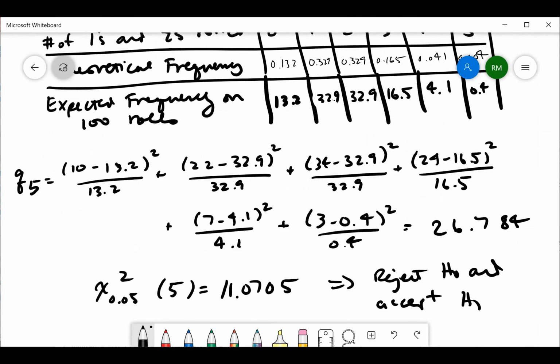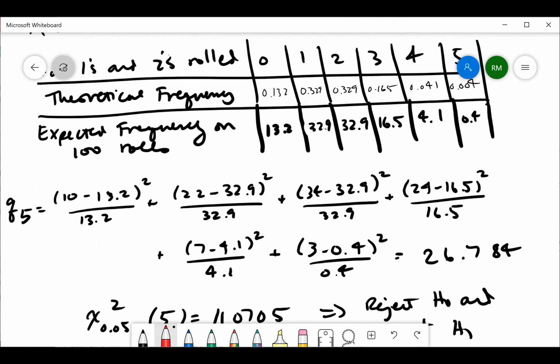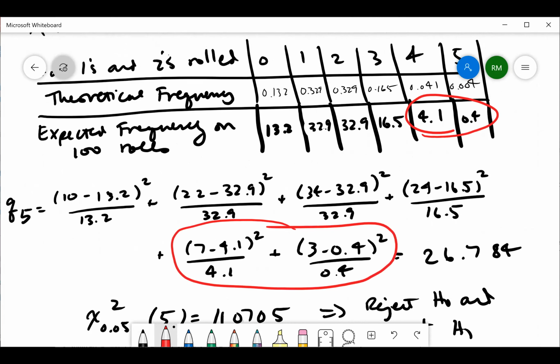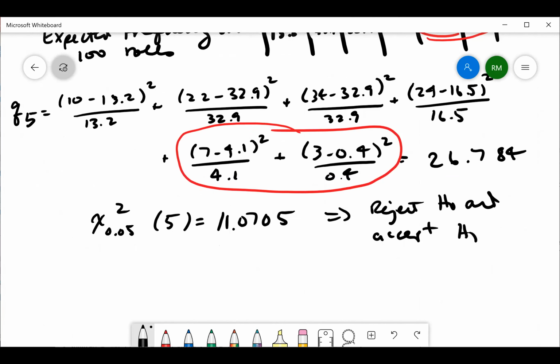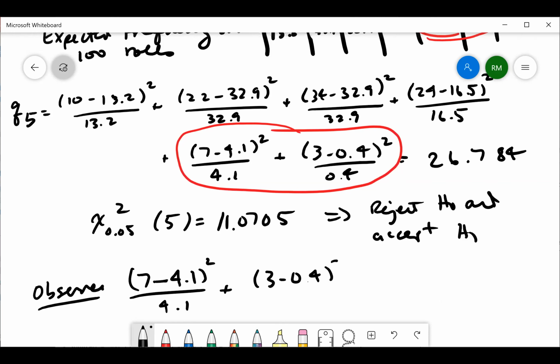But there's a caveat. Look at these two values right here. They're both smaller than 5. Those are these two terms right here in the sum of our chi-square distribution. So if we observe, you note that (7 minus 4.1) squared over 4.1 plus (3 minus 0.4) squared over 0.4 is 18.95.